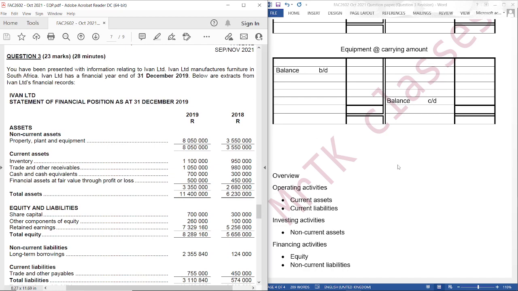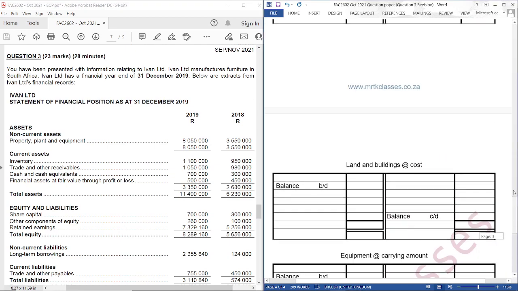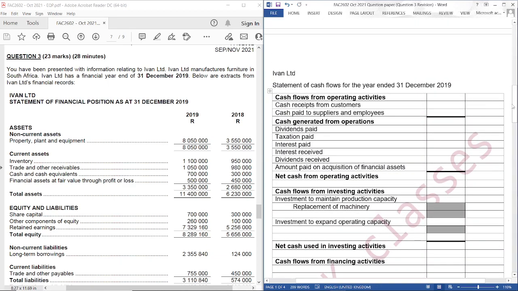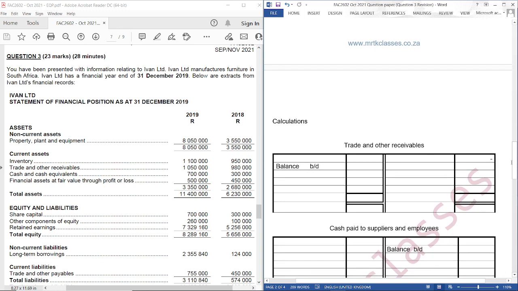All right, so we are going to start by calculating cash receipts from customers. We're going to use the trade and other receivables account. Trade and other receivables is an asset account, so it has a debit balance, which means it increases on the debit side and decreases on the credit side.